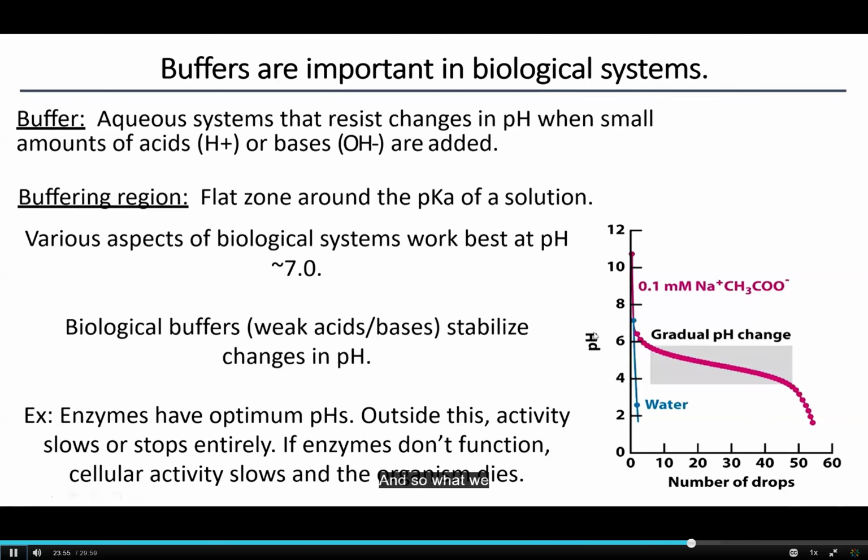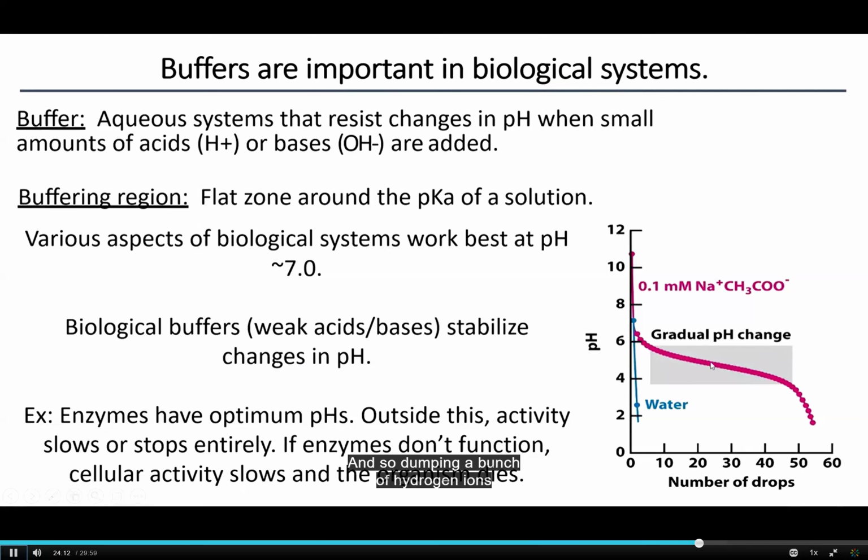And so what we need in our bloodstream is some kind of buffer. And so the presence of a buffer in our bloodstream will stabilize any changes in pH when things like hydrogen ions are added to the system or OH ions are added to the system.